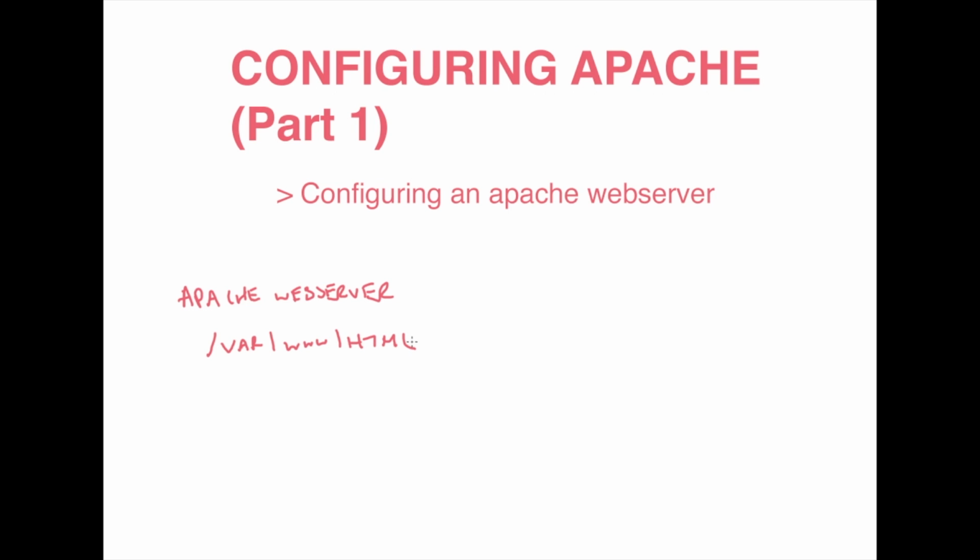And this directory is important because this is where I want to put a web application or any sort of files that I want to serve up. This is just an Apache convention where if your Apache web server is a web server, then you have to load up your files underneath this path.